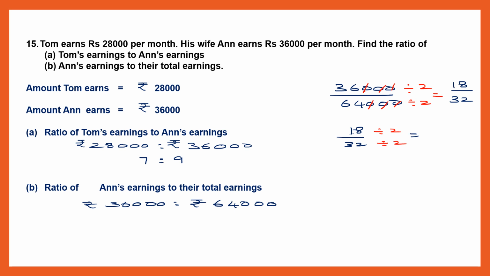So what do we get? 2 nines are 18 and 2 into 16 is 32. So 9 by 16, we can write it as 9 is to 16 because we can't reduce that further. So we've got the answer to the second part of the question. The ratio of Anne's earnings to their total earnings is 9 is to 16.